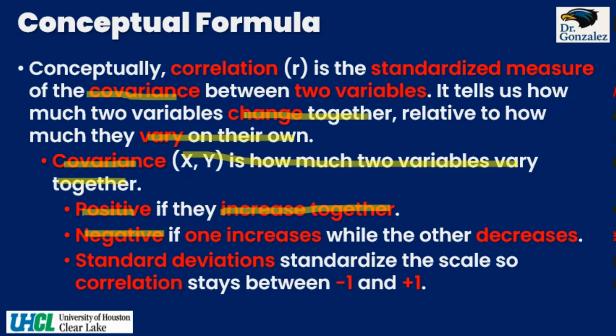That R value is going to be between -1 and +1. So again, that's why correlations to me are really easy to calculate and interpret, because you've got a value that can only be from -1 to +1.